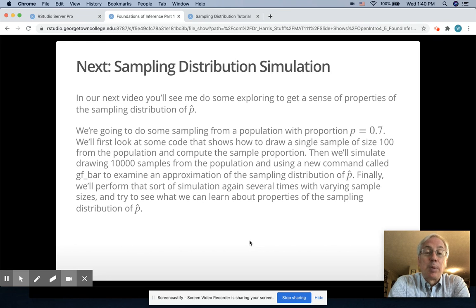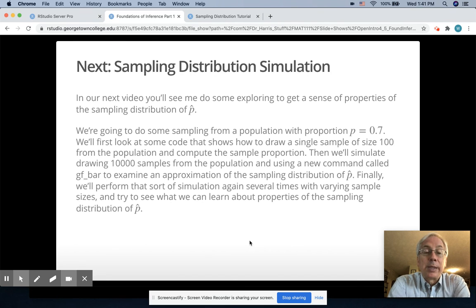We can compute the sample proportion from that sample, and then we can very quickly generate 10,000, say, different samples from the population. And once we compute the sample proportion for each of those 10,000 samples, we can draw a histogram, a density plot, a bar chart for those 10,000 sample proportions. And that will give us an idea of what the sampling distribution of the statistic p hat is going to look like.